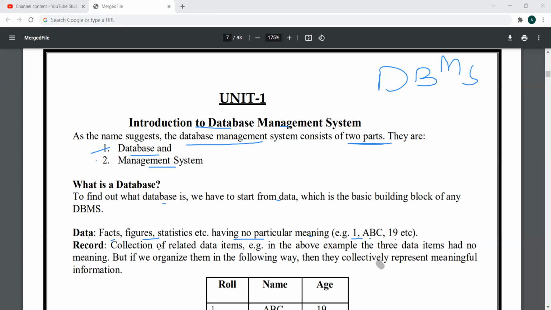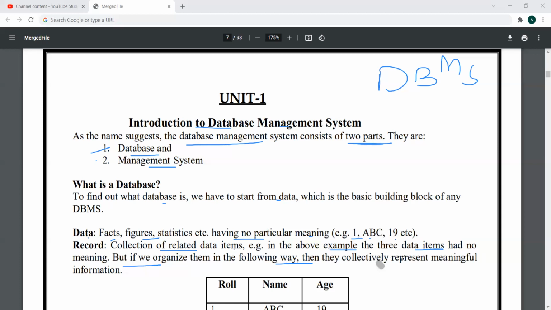A record is a collection of related data items. Example, in the above example, the three data items had no meaning. 1, ABC, 19 have no meaning, but it is a record. But if you represent them in the following way, then they collectively represent meaningful information.